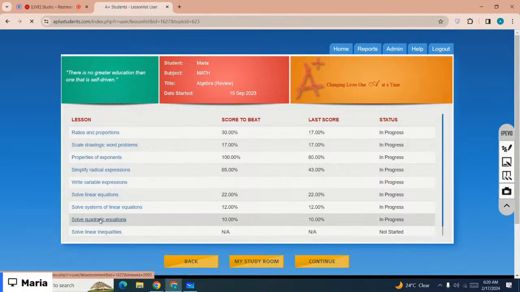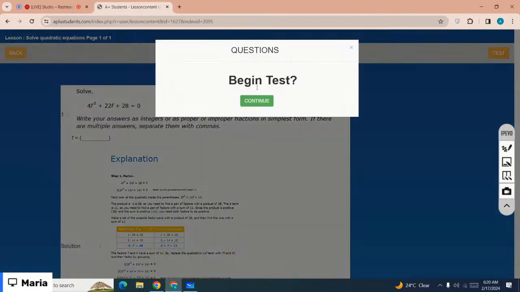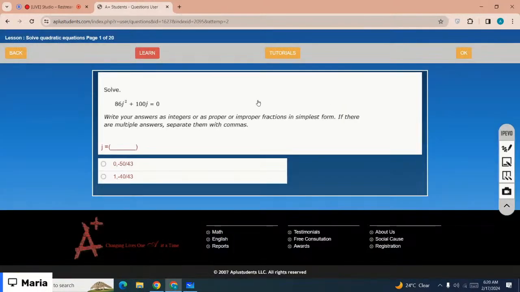Let's just start with the next lesson, that is solve quadratic equations, right? Let's just start with the test questions. You can have a look at the ones that are already solved, right?